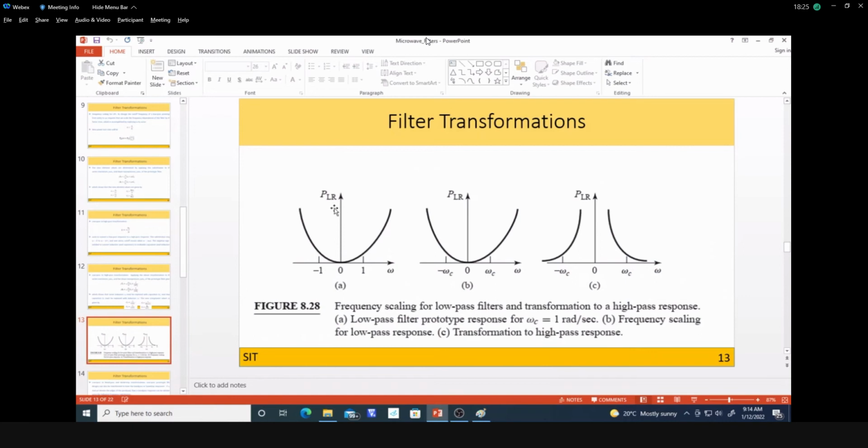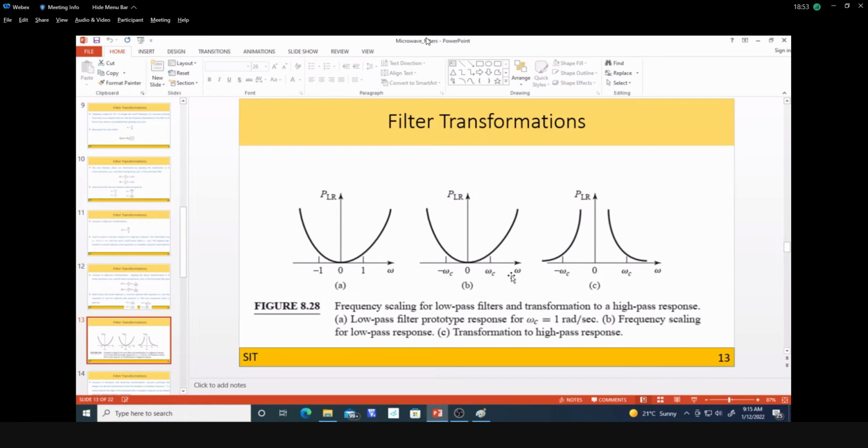First, these are the curves for the filter transform. Normalized values were there earlier, from -1 to +1. Then we took it from minus omega c to plus omega c. So this is the frequency scaling of the low pass response. Now we are converting the low pass response from the normalized value to the absolute value, that is, the cutoff frequency.